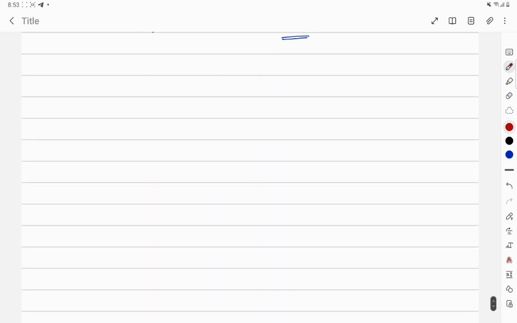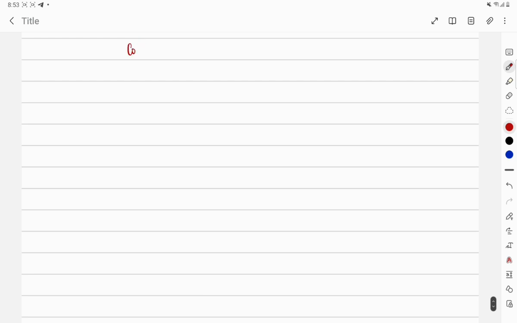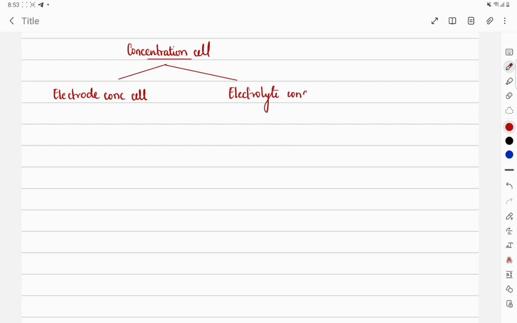So let's note down the two types of concentration cells. So concentration cells can be either electrode concentration cell, or it can be electrolyte concentration cell. So in an electrode concentration cell, what varies?